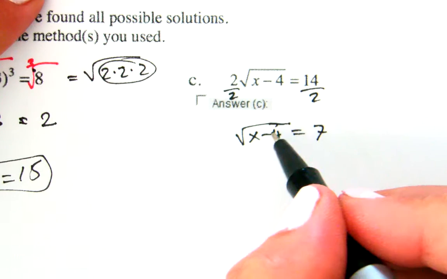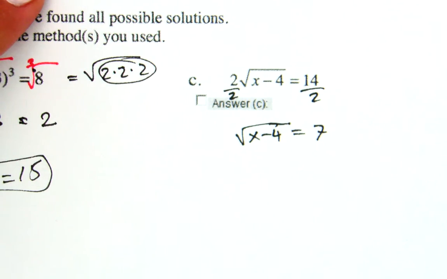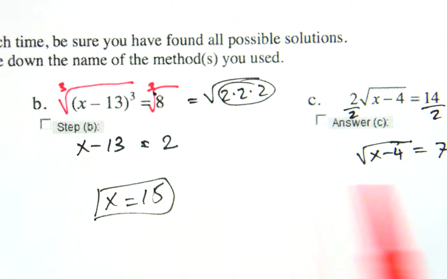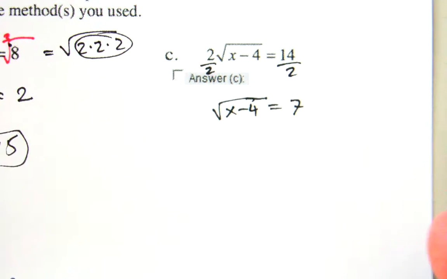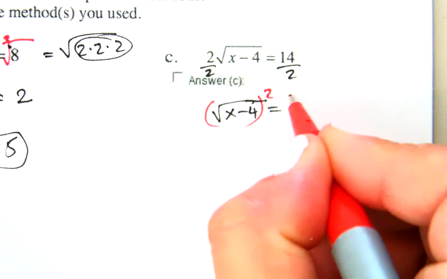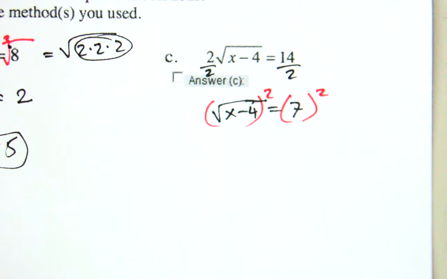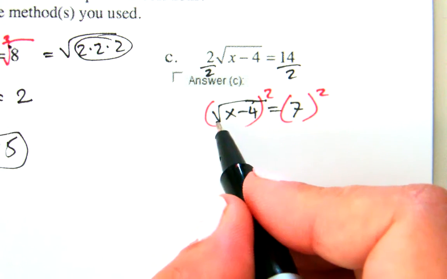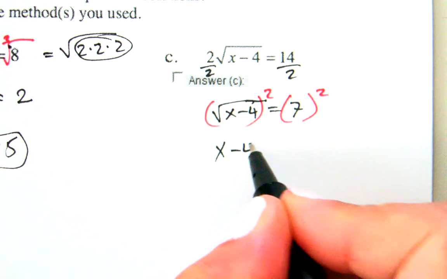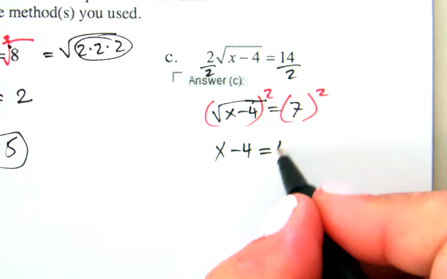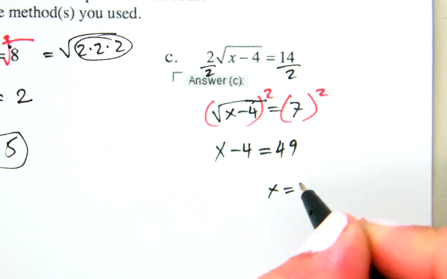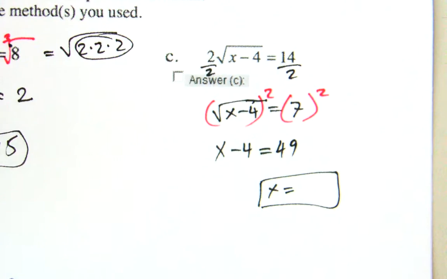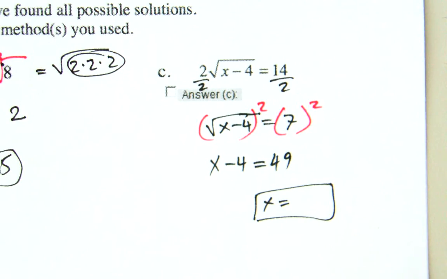Okay, now in order to get rid of the square root, we have to do the opposite of what we do on a regular basis when it's squared. Technically we squared everything. So the square root undoes the square, or the square undoes the square root. So we have x minus 4 equals 49. So you have x equals 50-something or another. Okay, we're going to square that.